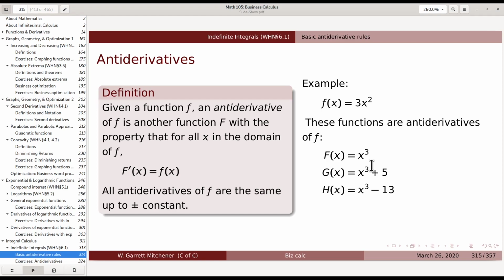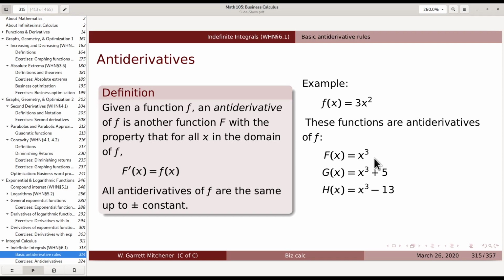You would need to go up a power, because remember, when you do the derivative power rule, the power goes down a degree. So that means that you would expect the antiderivative of something with an x squared in it to have an x cubed in it. And so with a little bit of guesswork, you can see that x cubed is exactly what we need.